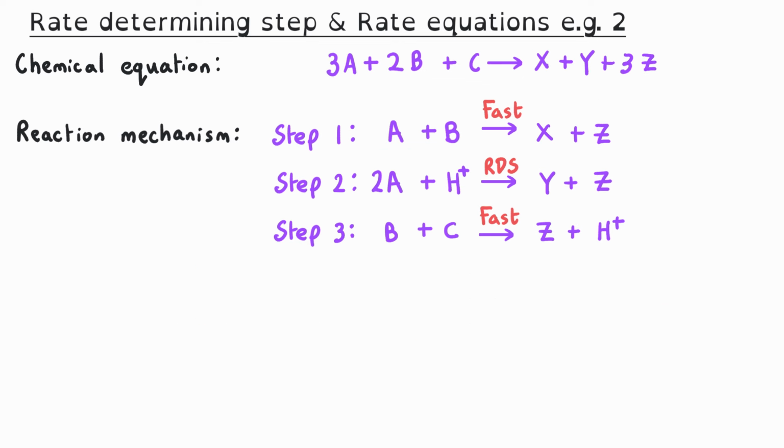In the chemical equation, where 3A reacts with 2B and C to produce X plus Y plus 3Z, we might be showing a reaction mechanism taking place over 3 steps, as I'm outlining here, where step 1 is fast, step 2 is the rate determining step, and step 3 is also fast.